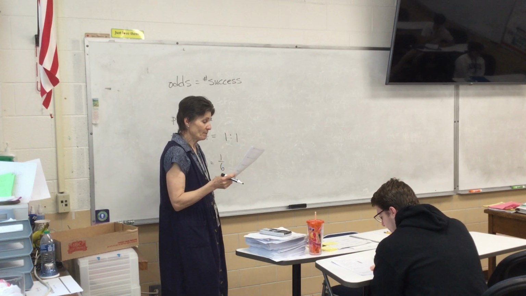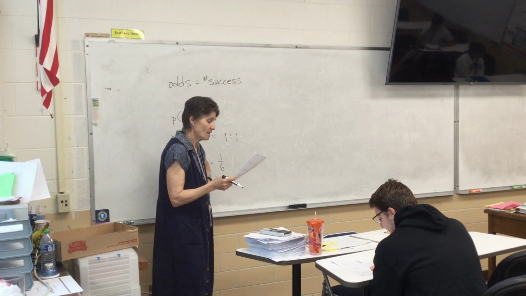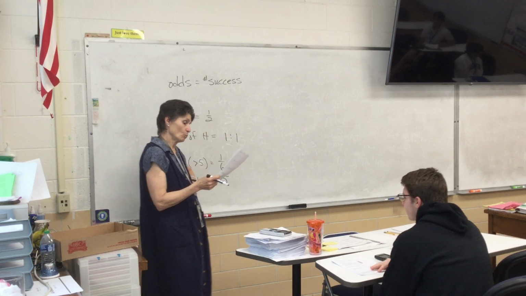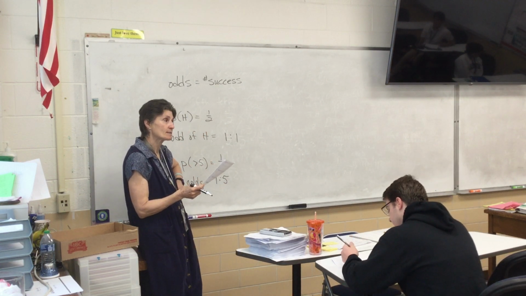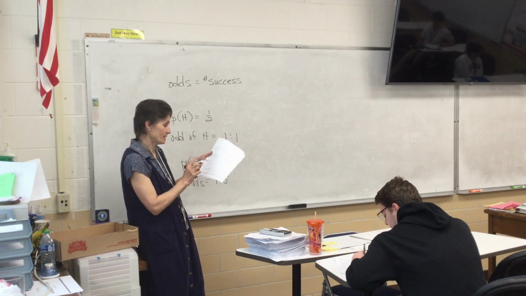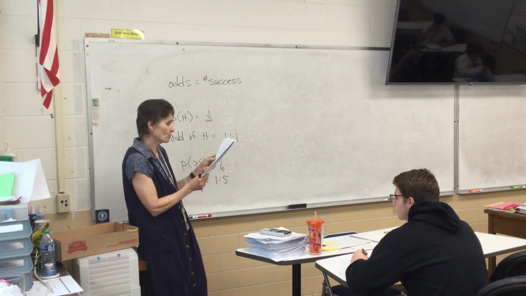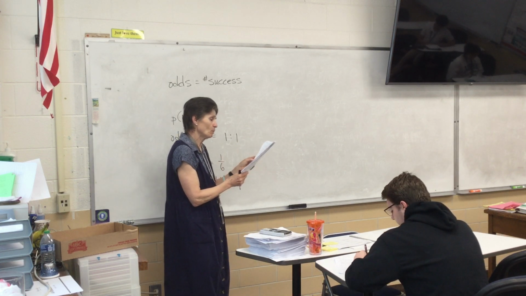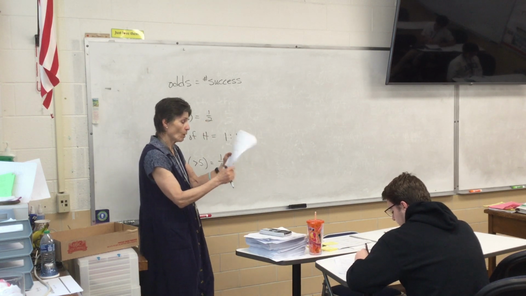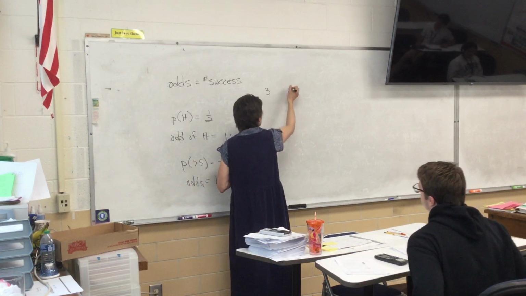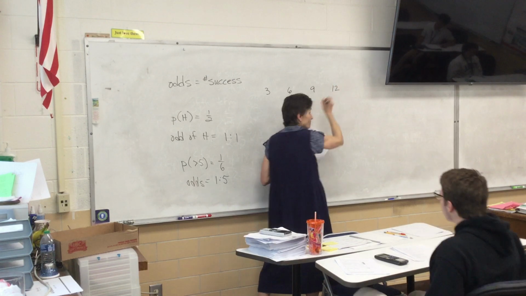All right, find the probability of rolling a sum divisible by 3 on a single roll of 2 fair dice. Okay, so let's look at our probability distribution chart. I want to roll a sum divisible by 3. So what are the sums that are divisible by 3? 3, 6, 9, or 12, right?